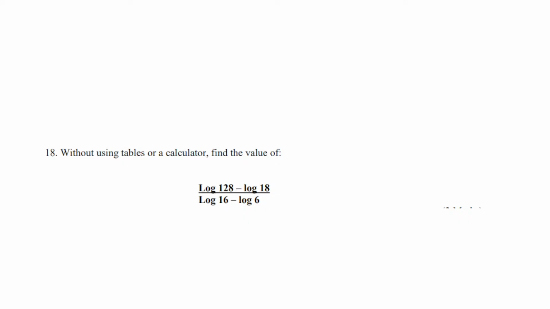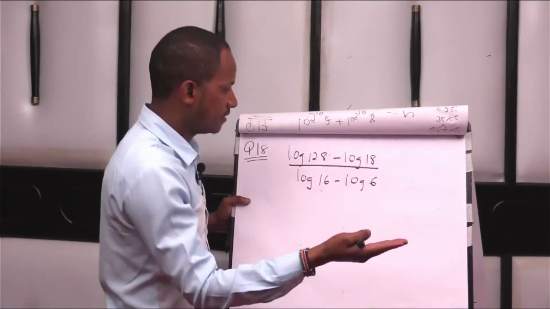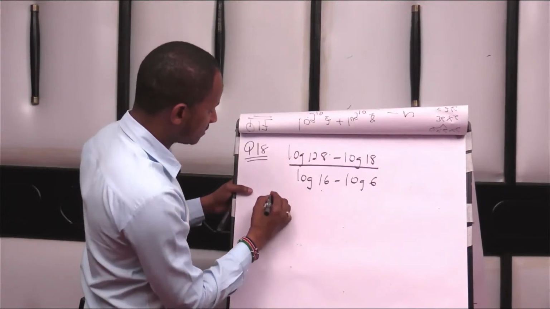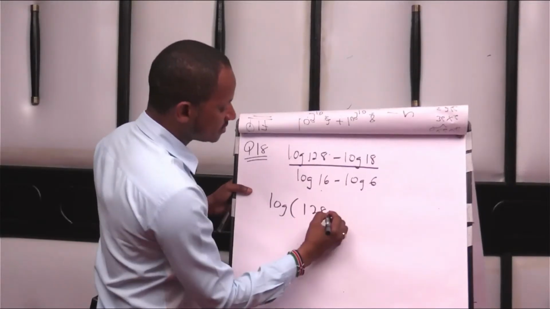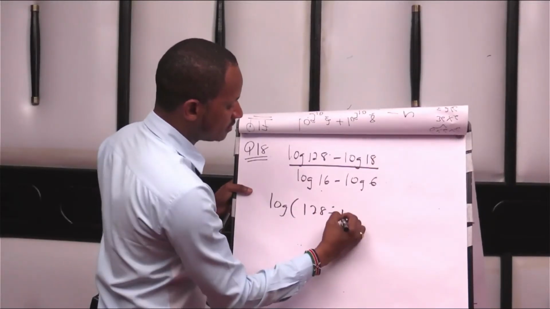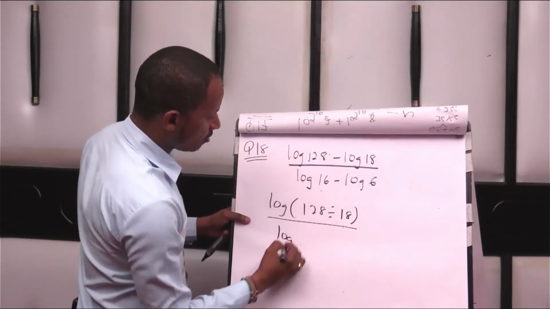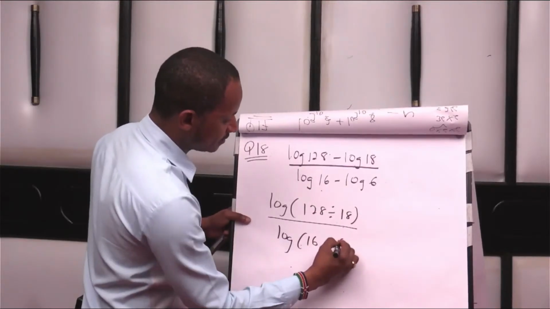The other one was addition, this one is subtraction. If it is addition, you multiply. If it is subtraction, you divide. Therefore, you collect log 128 minus changes into divide by 18, then log of 16 minus changes to divide by 6.